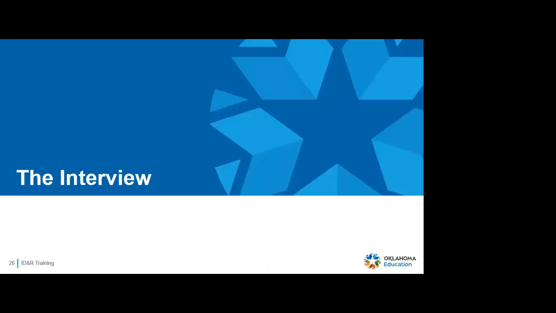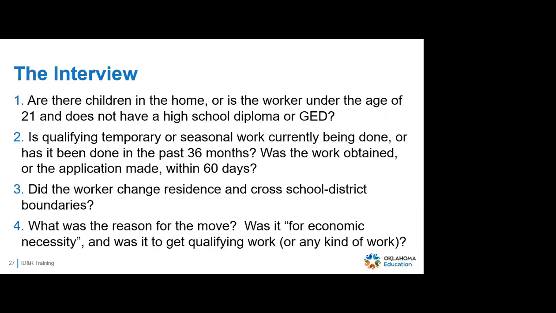The interview, meaning the interview during the COE. Are there children in the home, or is the worker under the age of 21 and does not have a high school diploma or GED? Is the qualifying temporary or seasonal work currently being done, or has it been done in the past 36 months? Was the work obtained or application made within 60 days?